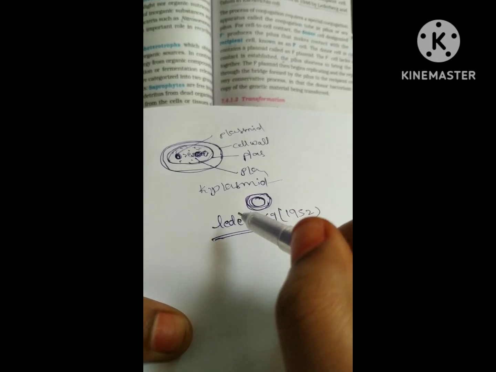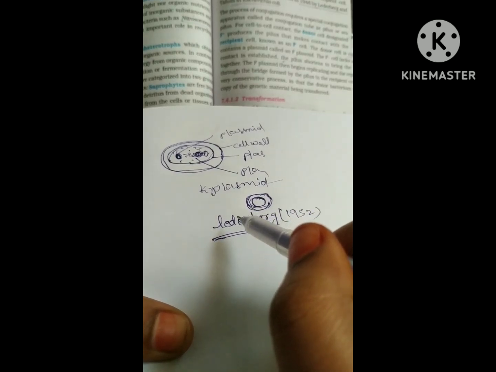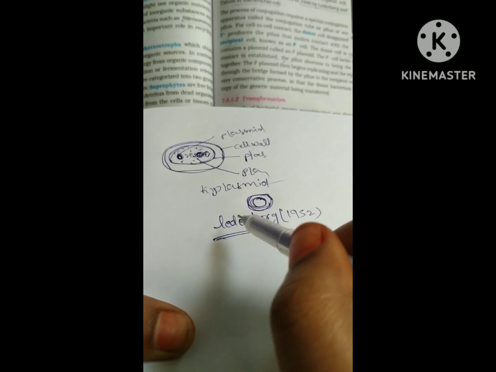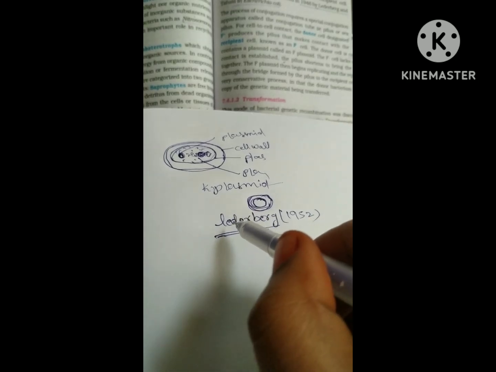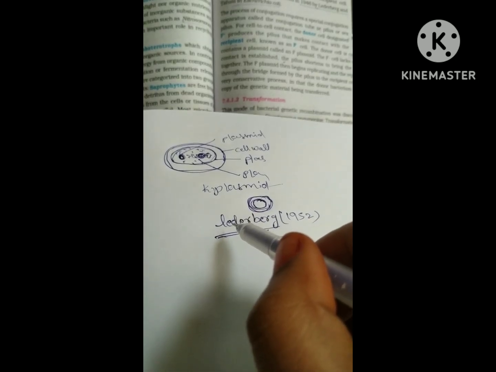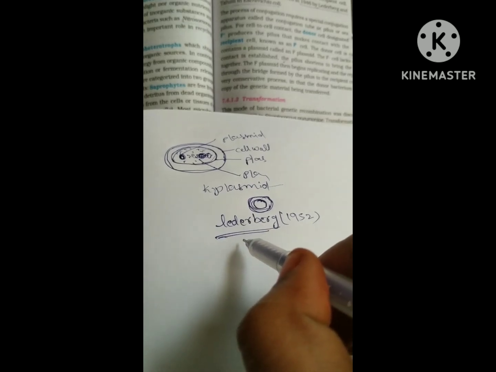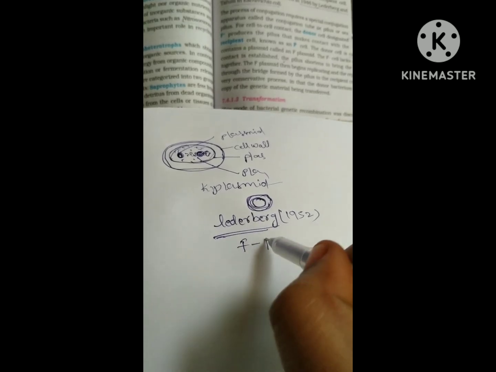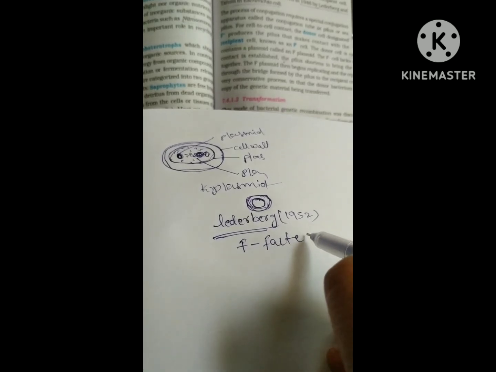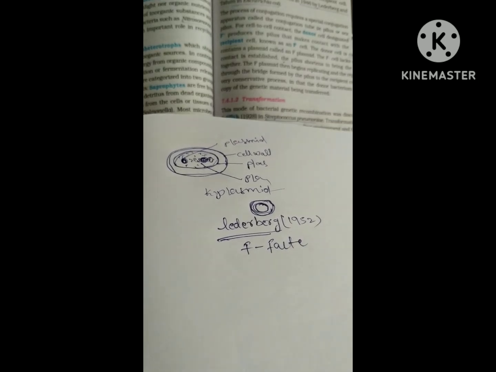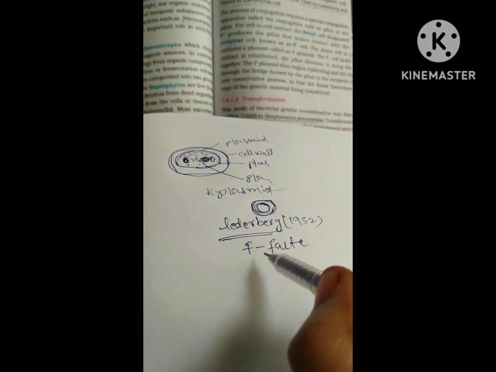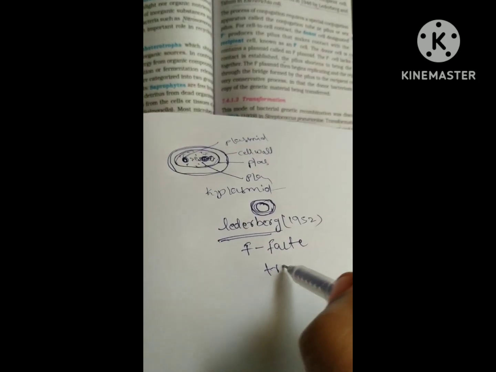Plasmids carry genes for fertility, antibiotic resistance, R factors and bacteriocin production. The F factor, or fertility factor, is responsible for the transfer of genetic material.